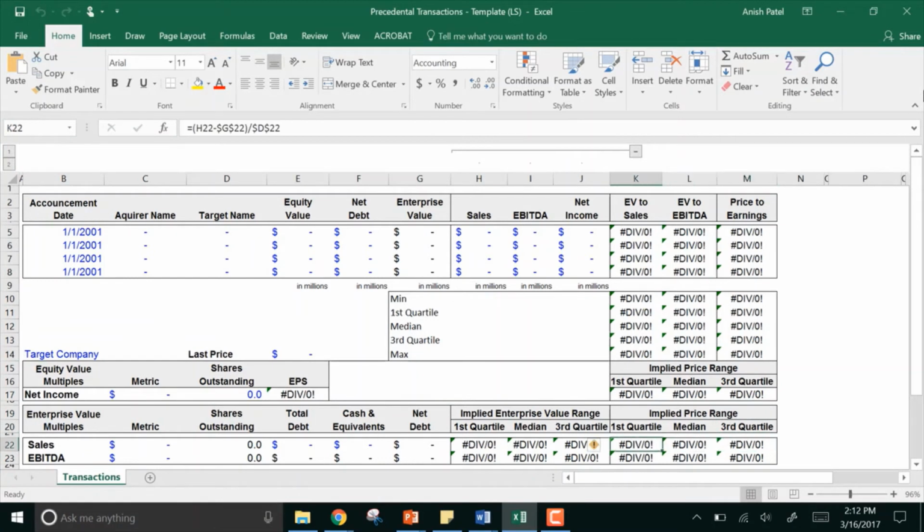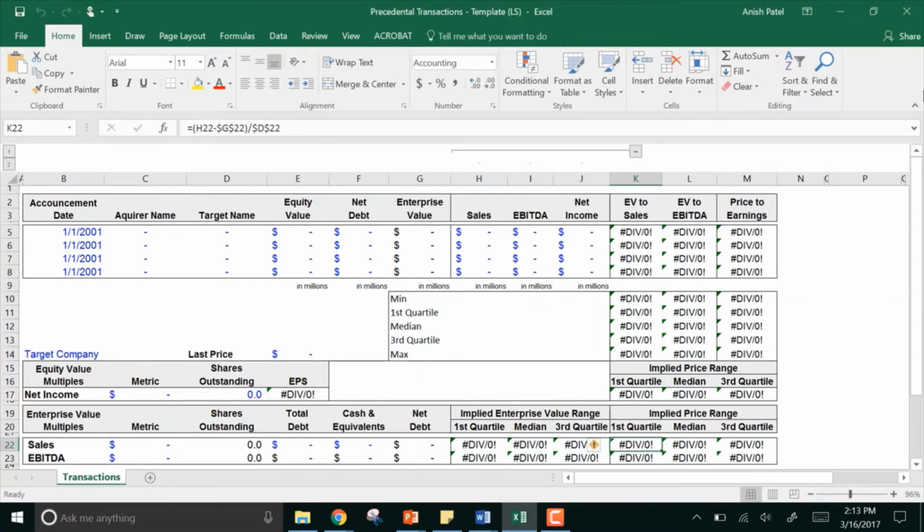And you'd go through the same exact process for the enterprise value multiples, except you would be backing out to an equity value prior to getting an implied price. So here, I would first look at the implied enterprise value range. So it's as simple as taking the EV to sales of the first quartile from your precedent transactions, multiplying it by the sales of your target company that you're trying to value, and getting the implied enterprise value at the first quartile.